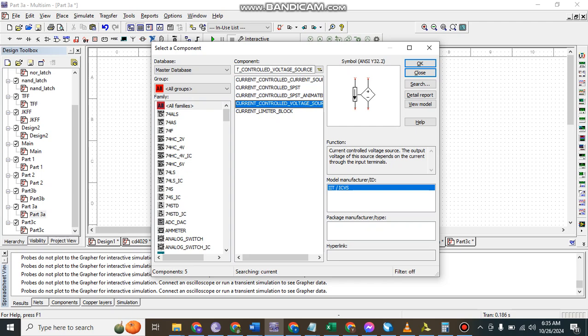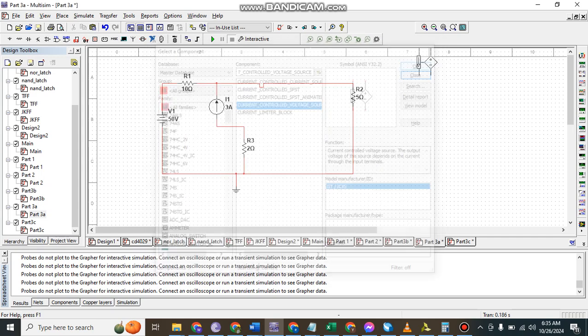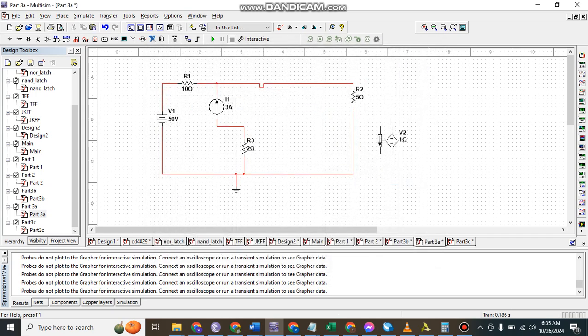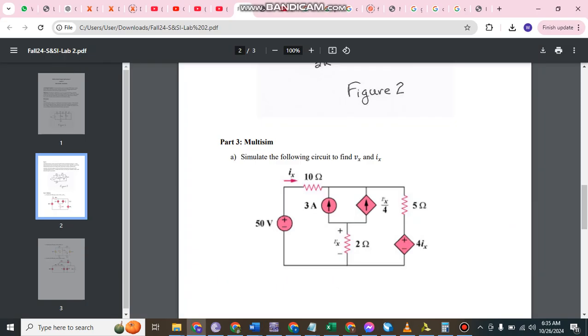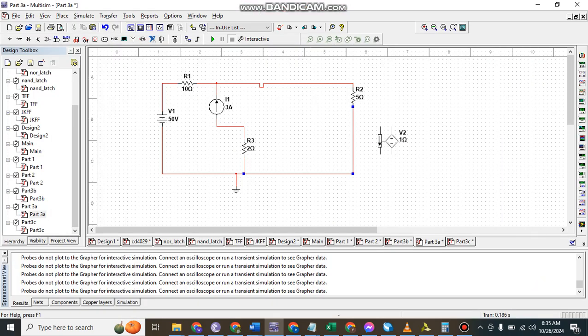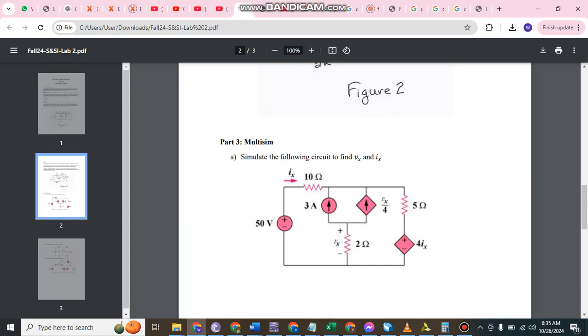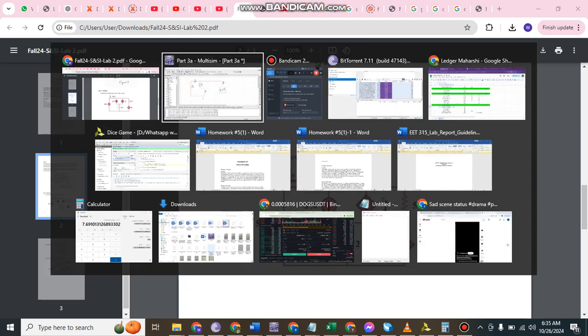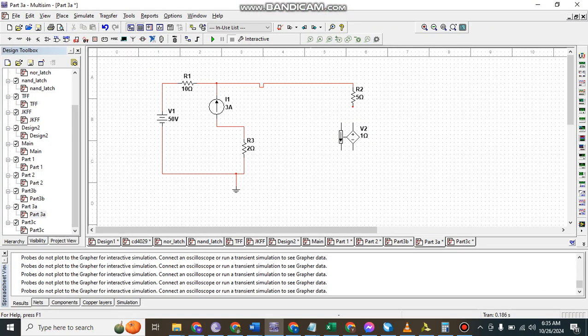So we need this for this one. Okay, I can compare it with this one. Okay, so you see this, the polarity, just look at the polarity here.